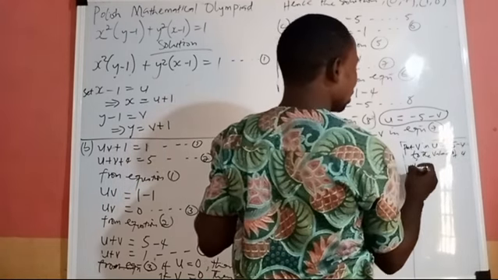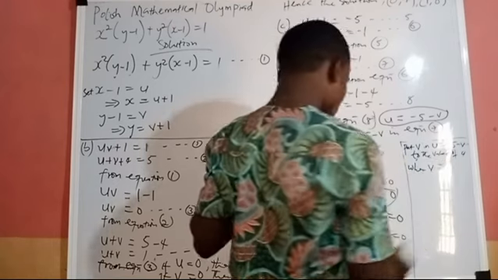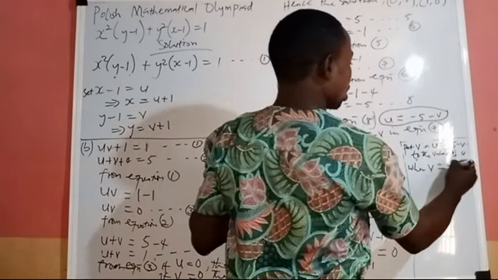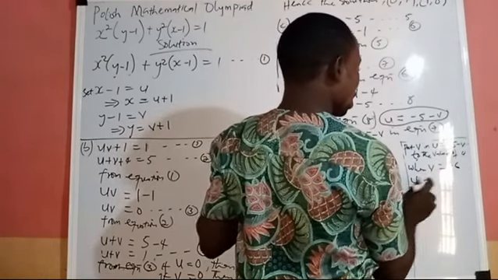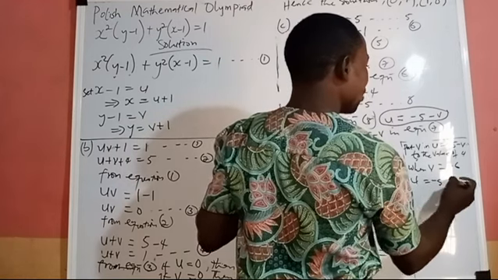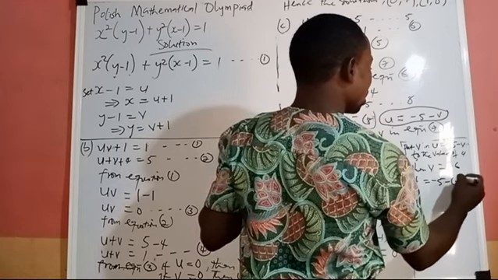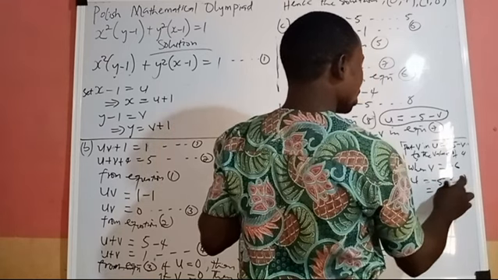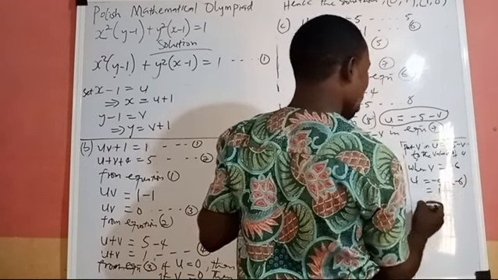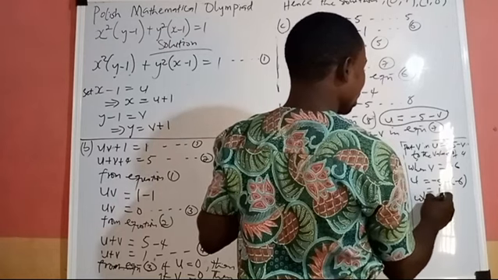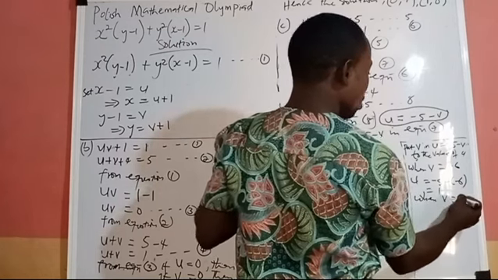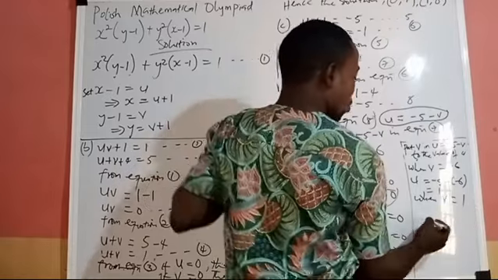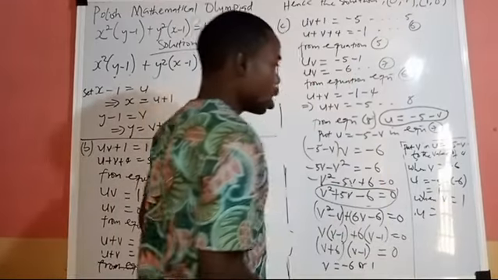So when v is equal to minus 6, our u will now be equal to minus 5 minus 6, so this is plus 6 minus 5, and that's going to give us 1.